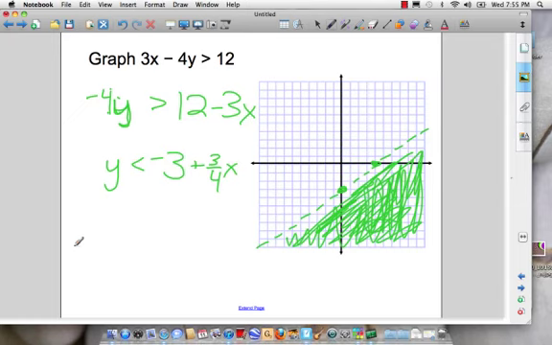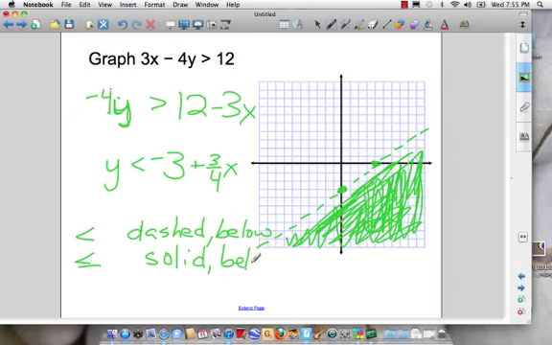Okay? So just to summarize, if you have a less than, it's going to be a dashed line, and you're going to shade in below. If it's less than or equal to, it's a solid line, and you're going to shade in below.